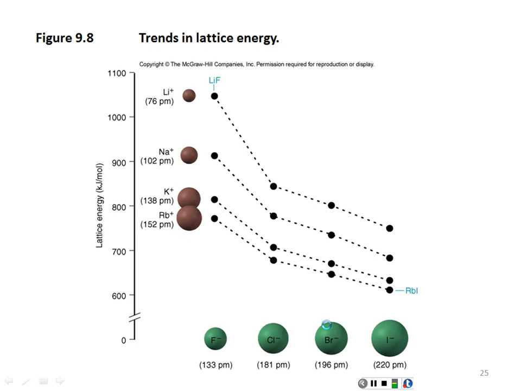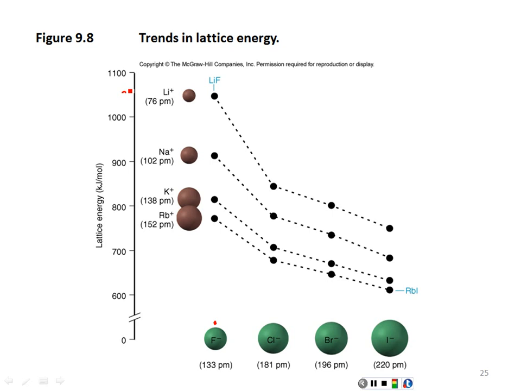If we just take the fluorine anion and compare the group 1 metals, how strong their bonds are when they form bonds with fluorine, we see that lithium is the strongest. And why is that? It's because it's the smallest cation.